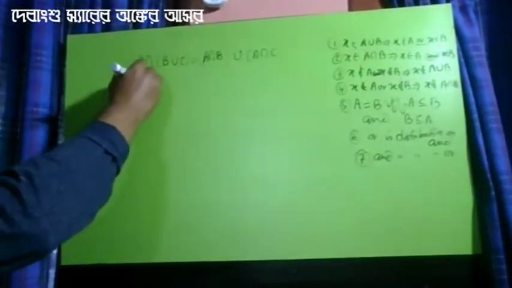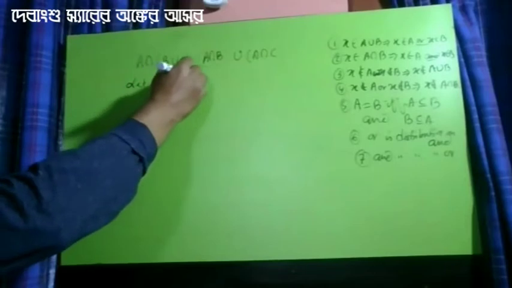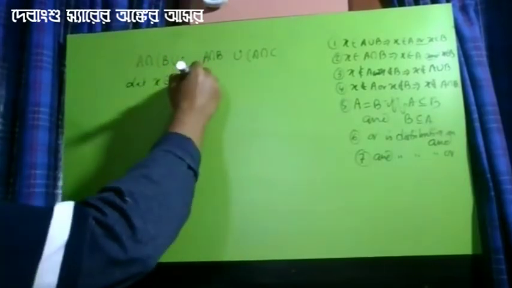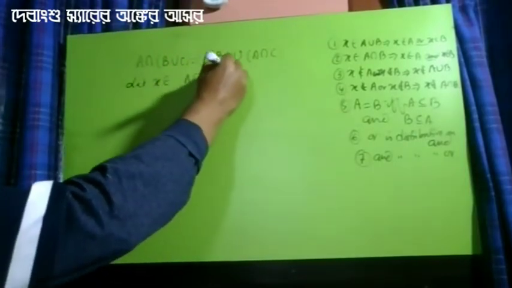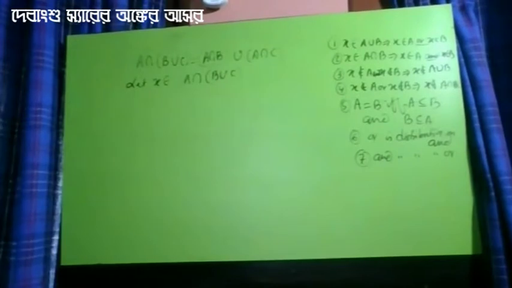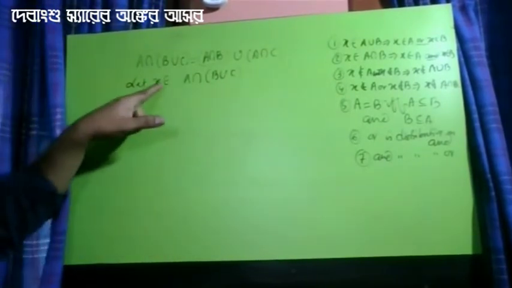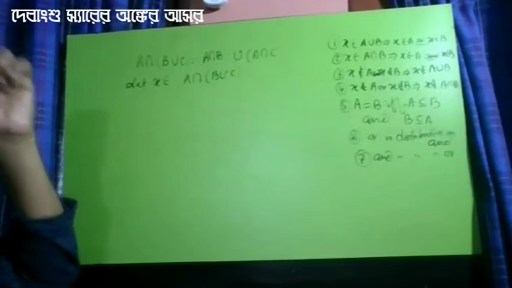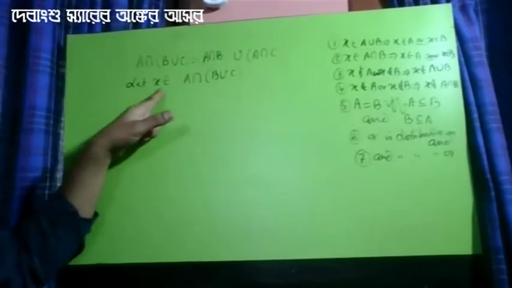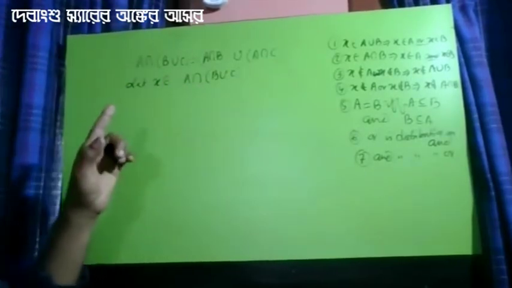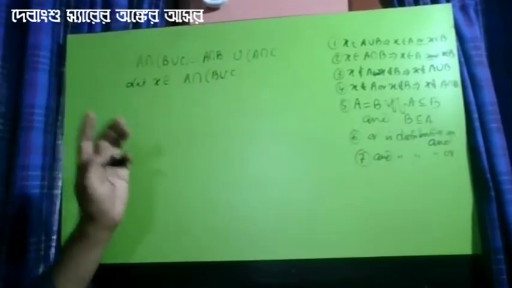Now I do this. Let X belong to A intersection (B union C). Now I am going to show that X is an element of this also. Since I have considered X as any element, I did not choose any particular value.